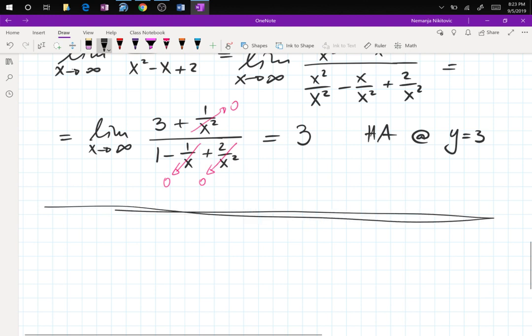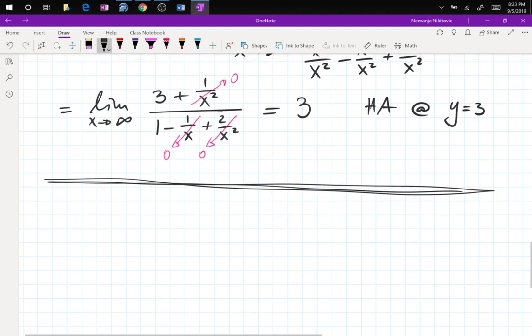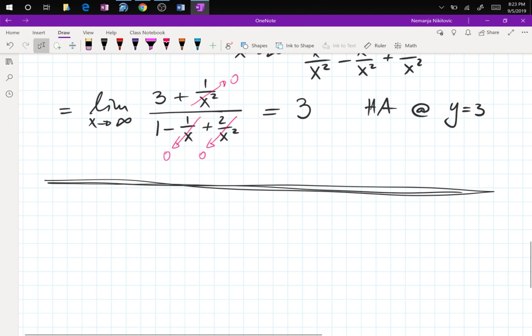One more example of these horizontal asymptotes and functions. Now they have this somewhat spicier case here. What is the limit as x goes to infinity? Lock the doors.